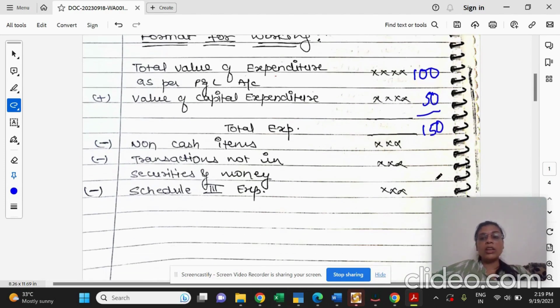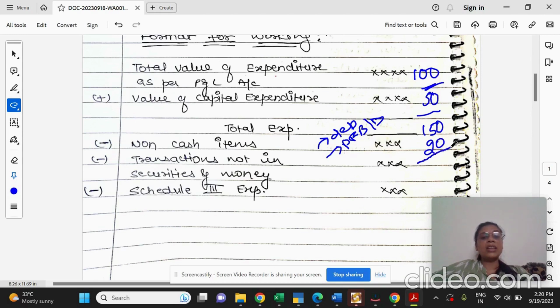Now, the non-cash items which are included in your P&L expenses. The total expenditure of 100 that you have taken includes your non-cash items. Non-cash items means, say, depreciation or a provision for bad debts, anything it could be. So 150 minus your non-cash items, say for example those are 20 rupees.